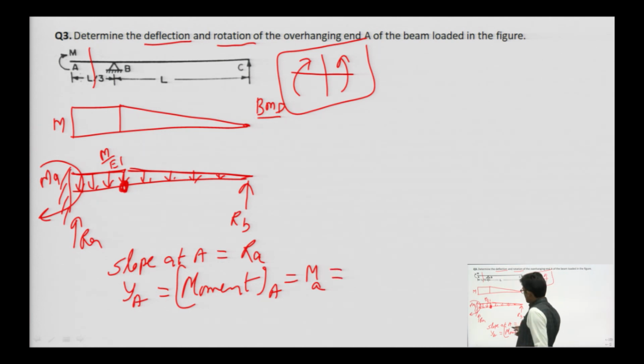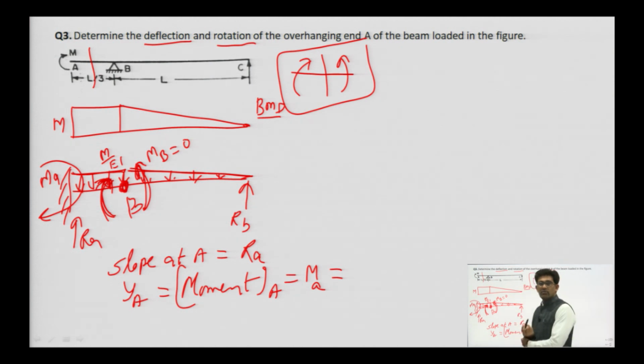M A will be calculated by the condition of static equilibrium. Here, since we have an internal hinge, the bending moment at this point, say point B, M B is equal to 0. So, consider this one part only. The value of R B will be the loading of this part only.